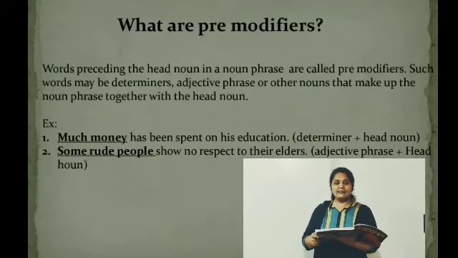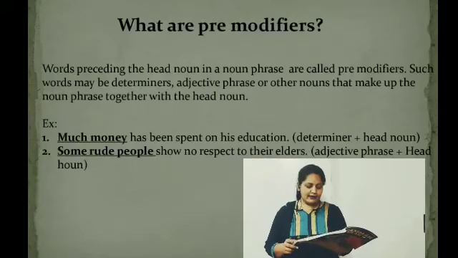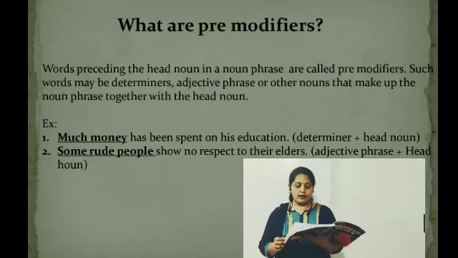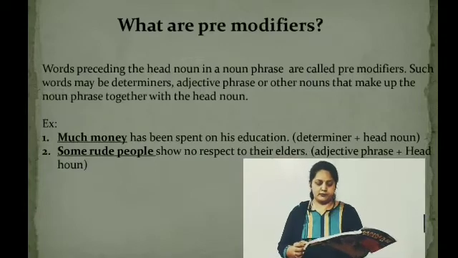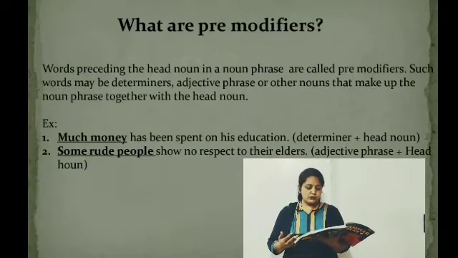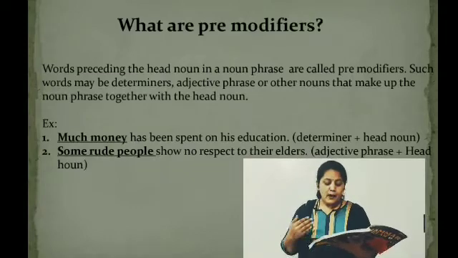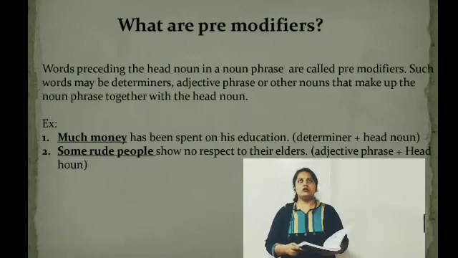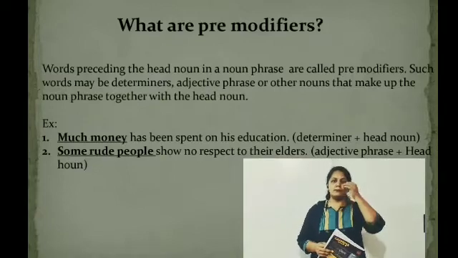Now there is an exercise given in your book, exercise A: add a suitable pre-modifier to expand each noun phrase. I'll help you with the first one. The example is: my brother studied in a dash school. Here you have to add some pre-modifier.